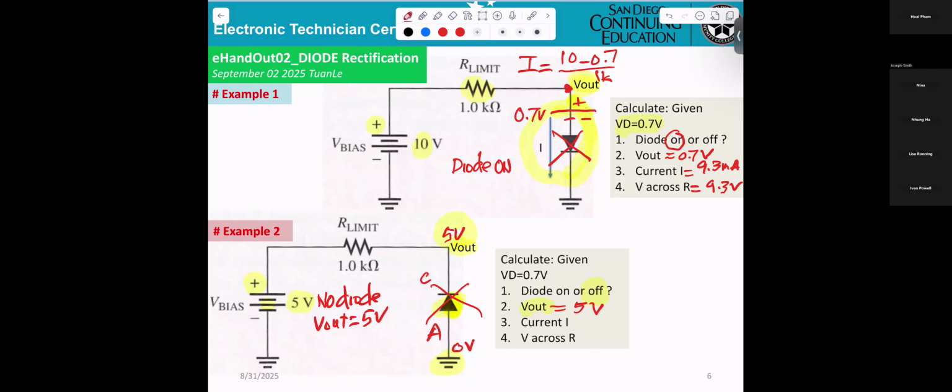Diode off means it is open, so no current flows. And the last one, what is the voltage across R, V in here? Zero. No current, so that's why the voltage across the resistor will be 0.